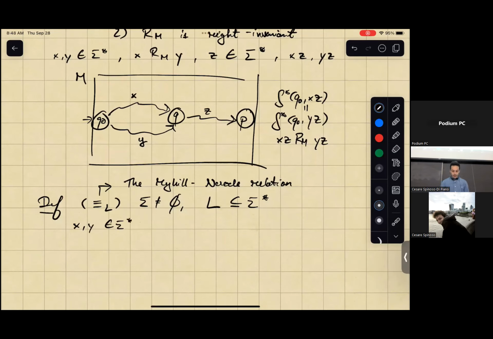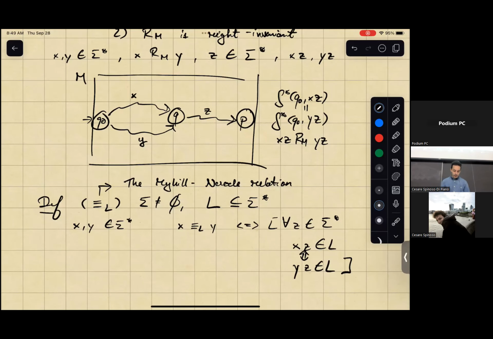Then I say that x is related to y via the Myhill-Nerode relation if and only if the following is true. For any string z in sigma star, if I stick z to x, and if I stick z to y, if xz is in L, then it implies that yz is in L. And if yz is in L, then it implies that xz is also in L. So this is the definition of the Myhill-Nerode relation.